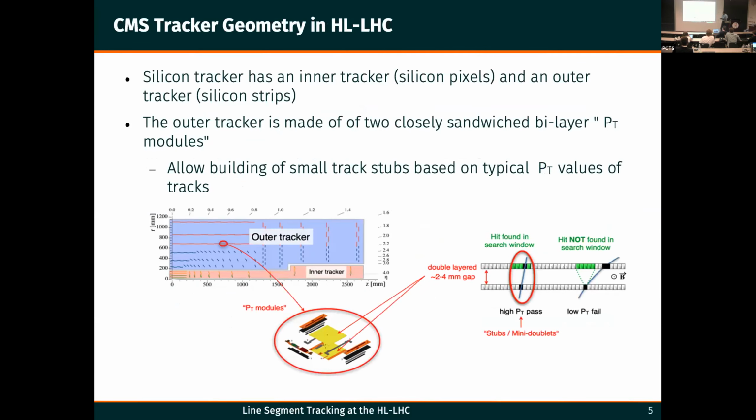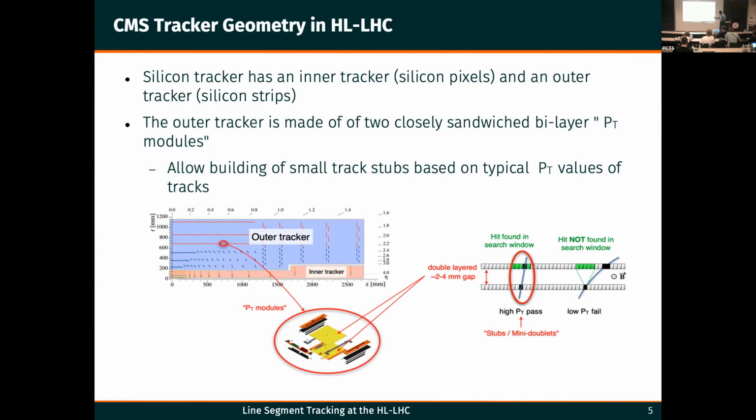So this is something that we saw earlier today about the tracker structure in the CMS. We shall be focusing only on the outer tracker. So as we know, we have these bilayer tracker modules for Phase 2 CMS.